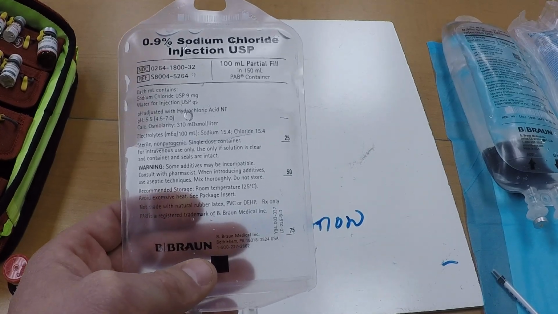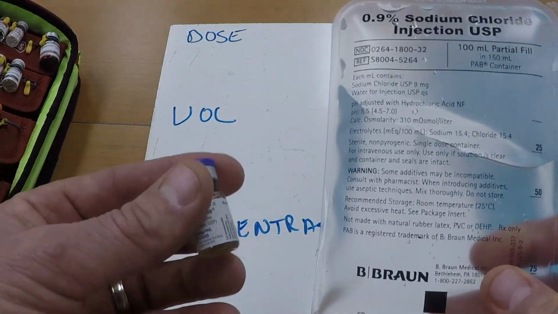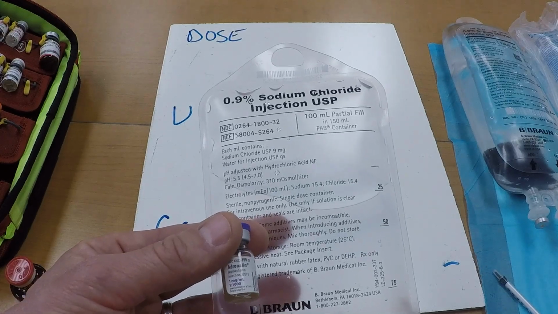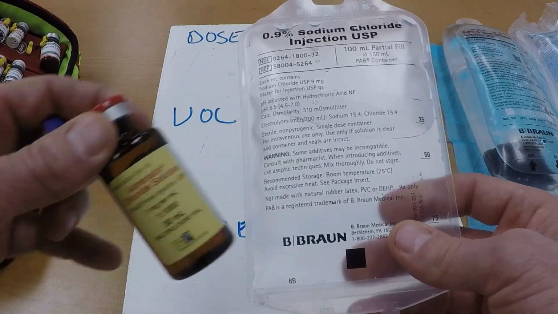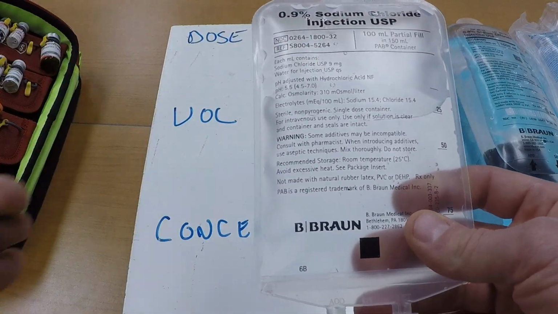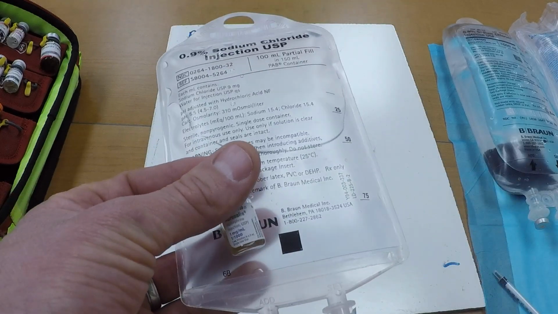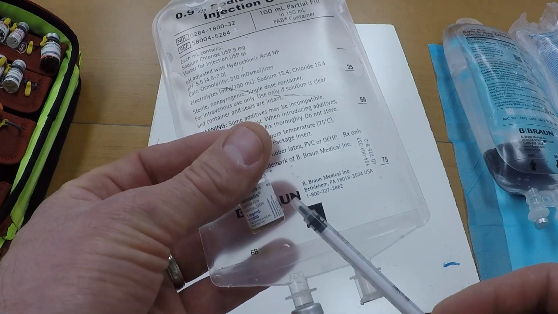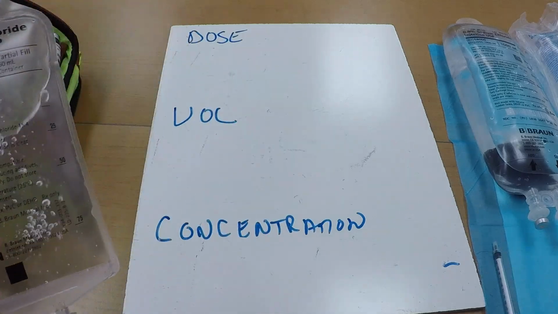So we're going to take our 100 milliliter bag. We're going to take our 1 milliliter of epinephrine, 1 milligram per milliliter. So 1 milliliter of this vial. We are going to inject that into our 100 milliliter bag, agitate it, and label it.